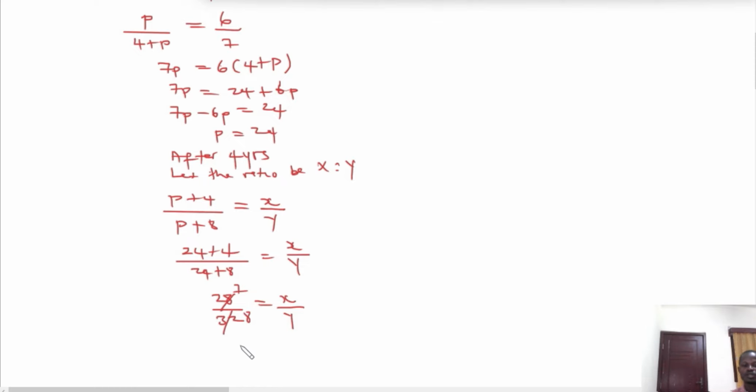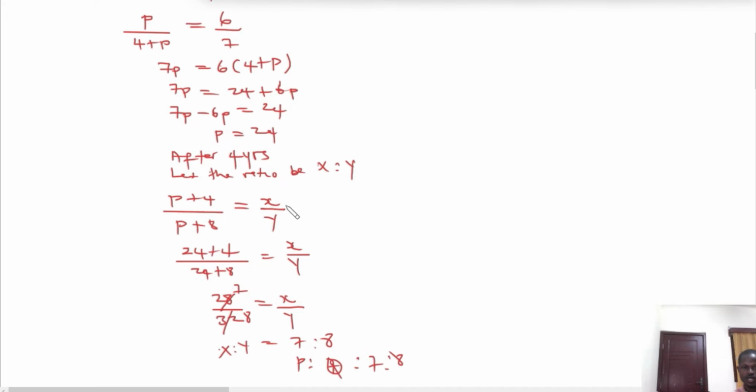So the ratio of the edges of P and Q is 7 is to 8.